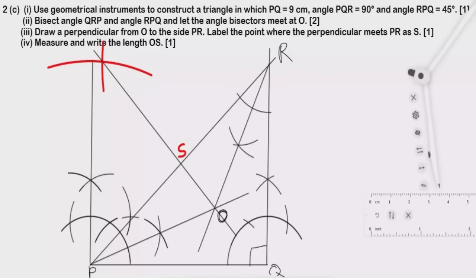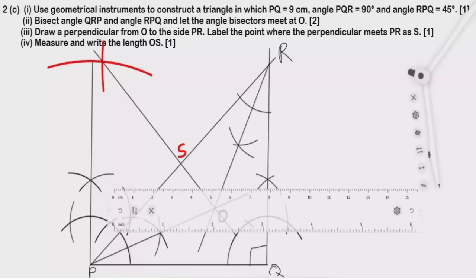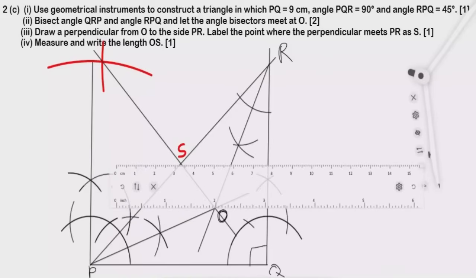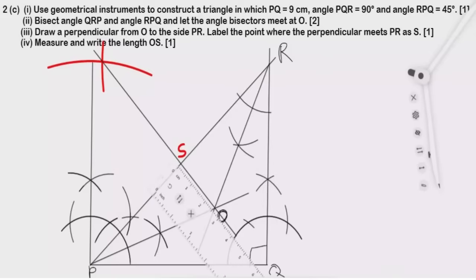I can use the ruler. If I have difficulties twisting the ruler, I will just use a line. Measuring that line from 0, you can say that is 2.5. That is 2.5 centimeter.